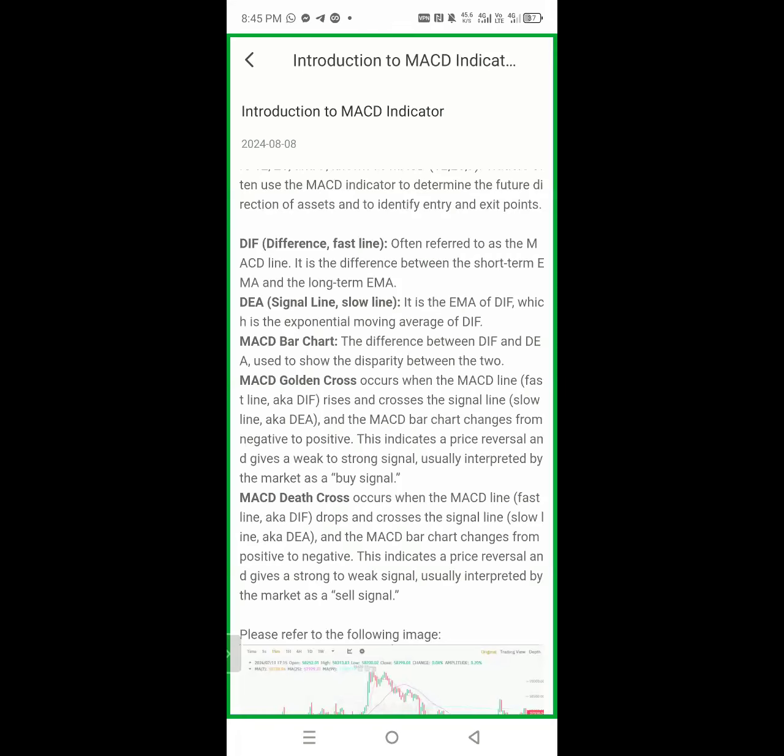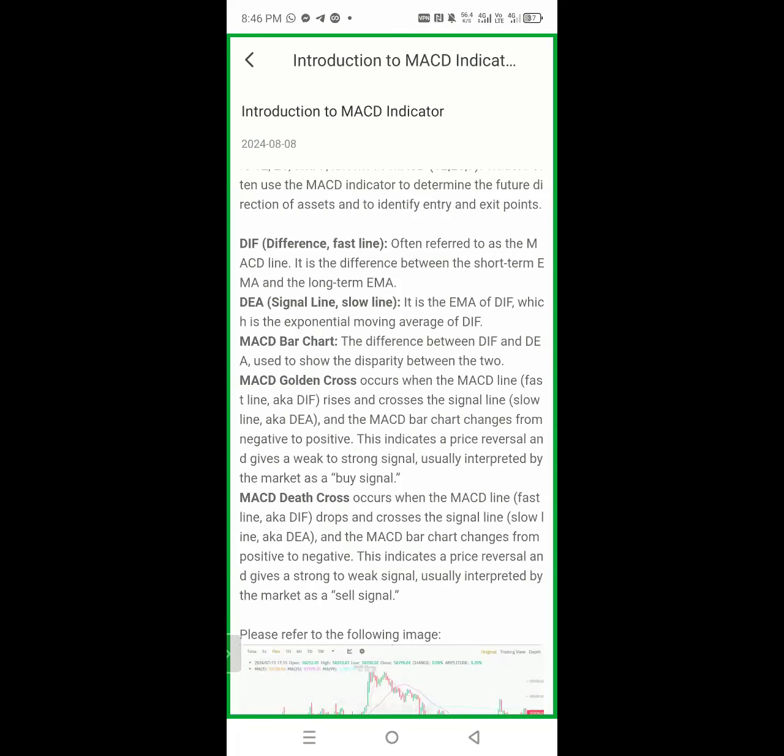The second one is the DEA, which means the signal line. It is also called the slow line. In RoyalQ, it is the purple line. It is the exponential moving average of the MACD line.